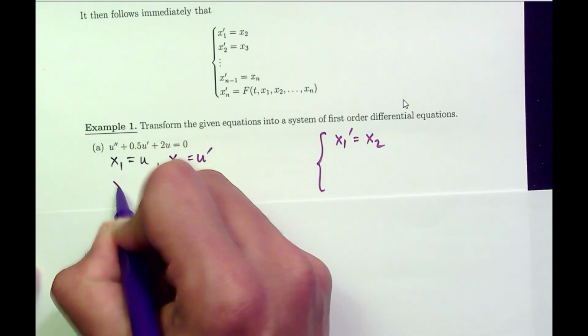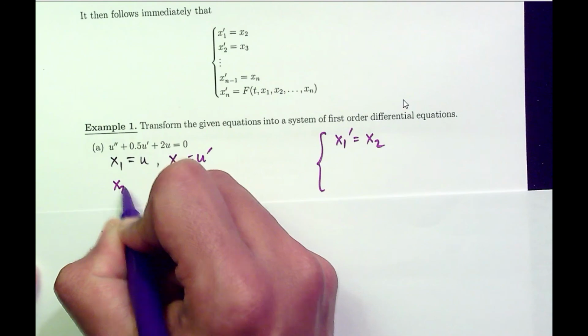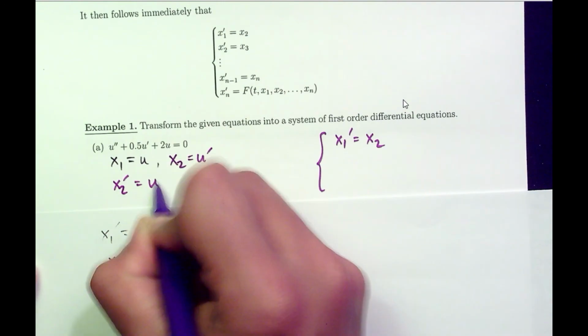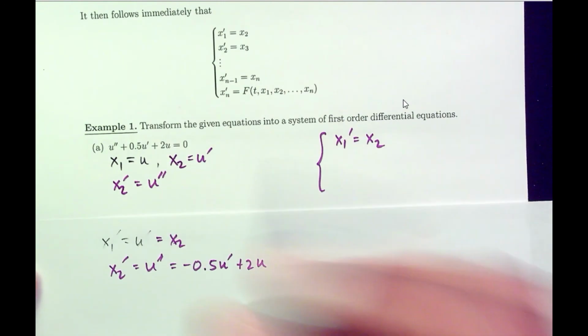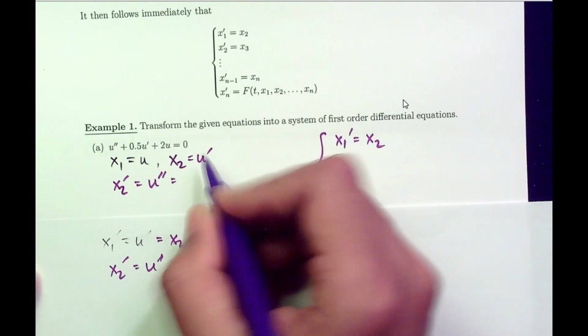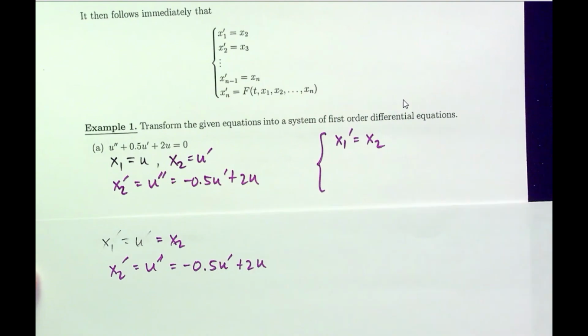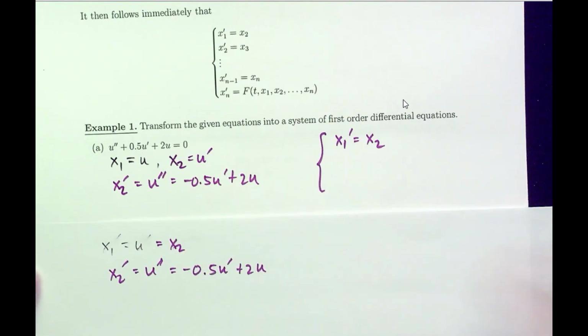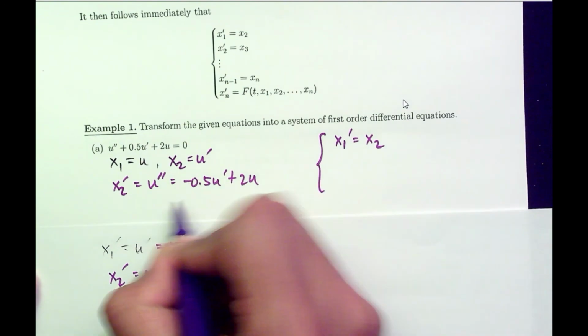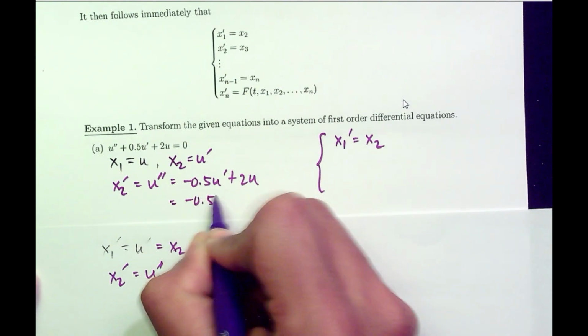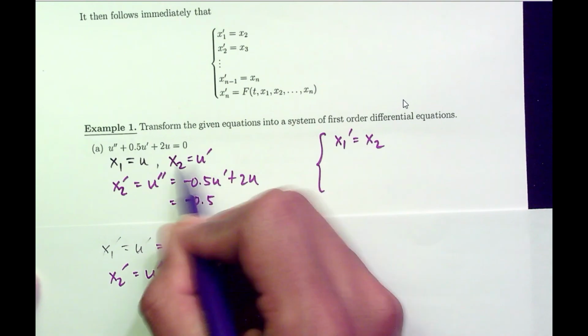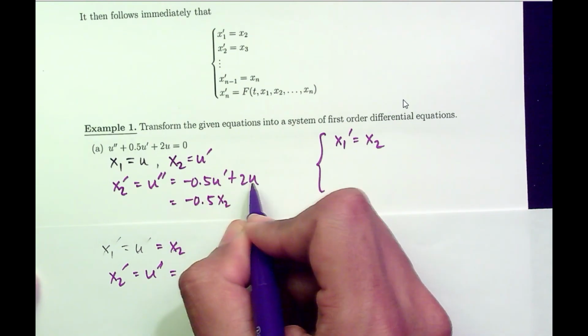So x2 prime equals u double prime, which is negative 0.5 u prime plus 2u. Now we write this in terms of x1 and x2, which is negative 0.5, u prime is x2, and then u is x1.